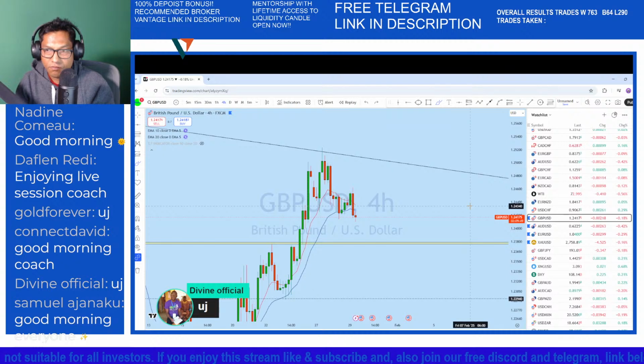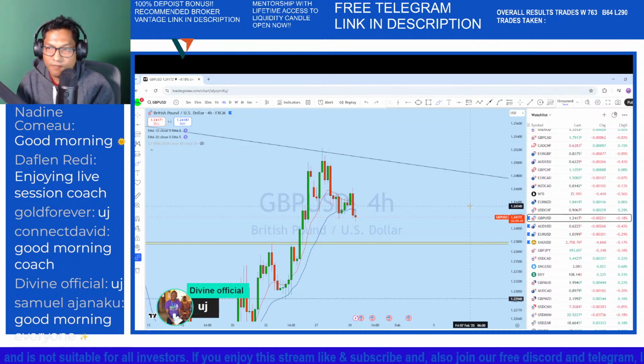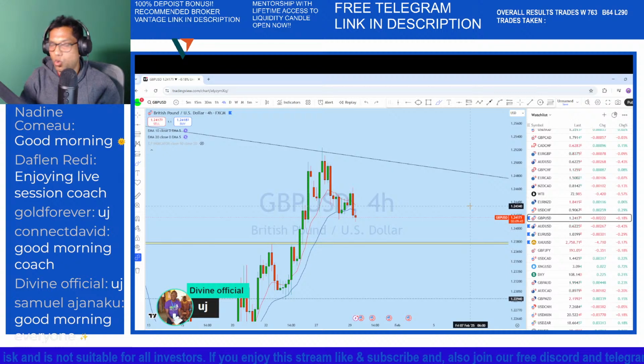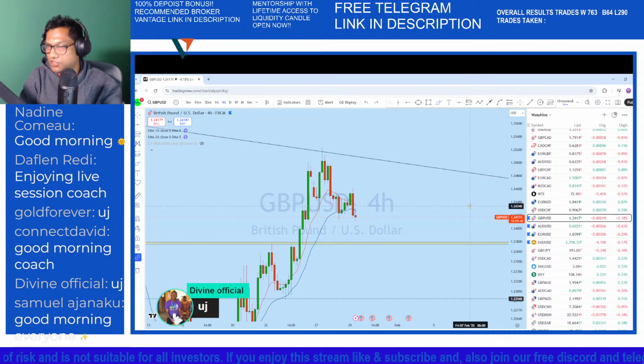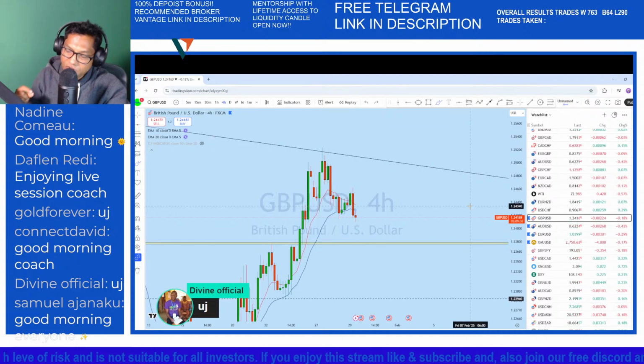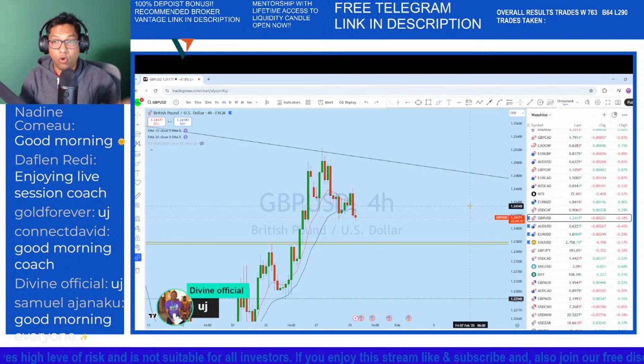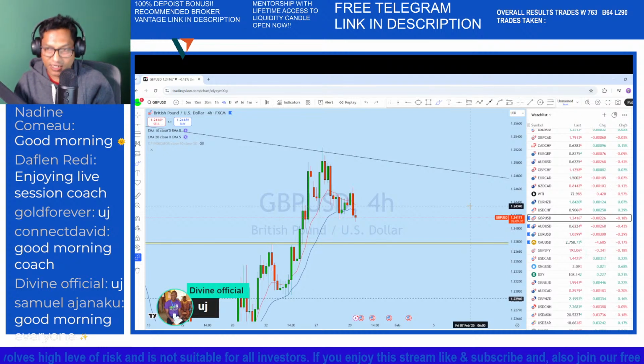Why? Because this is the only visible thing that we can see on the chart. So what is price action and candlestick pattern? Candlestick pattern is the visual representation of the buyers' and sellers' activities on the other side of the market.